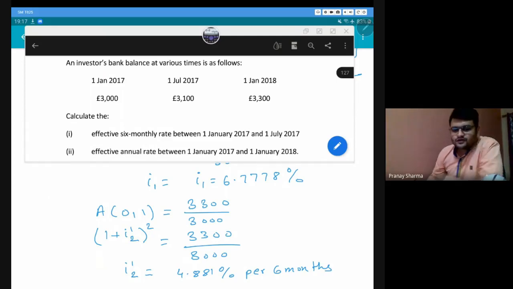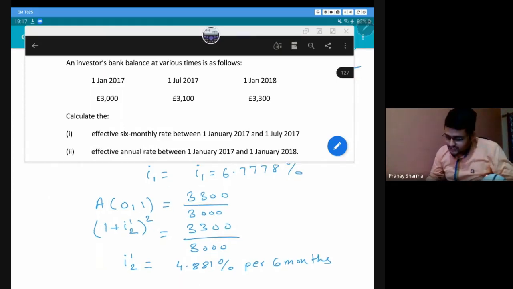So these are effective rates of interest. If I am getting interest only every 6 months, I will get according to this rate of interest. But in 1 year, that becomes this much, that is 3300.